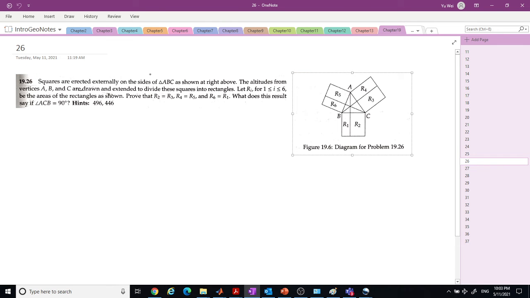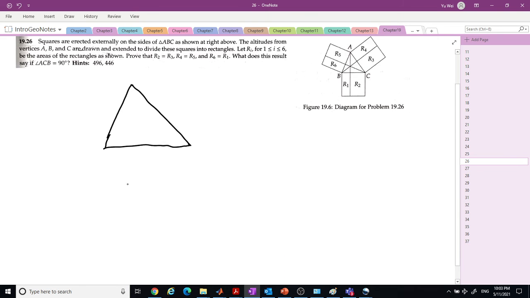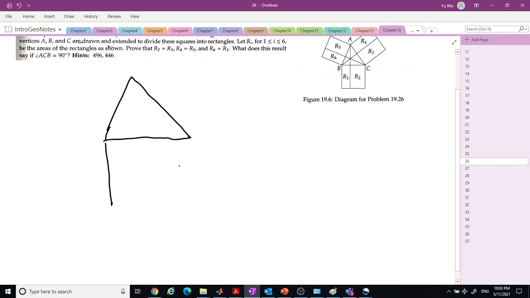So this is the erected squares problem again. This is the second method to prove the Pythagorean theorem. You can see we have a triangle ABC that we erected with squares.